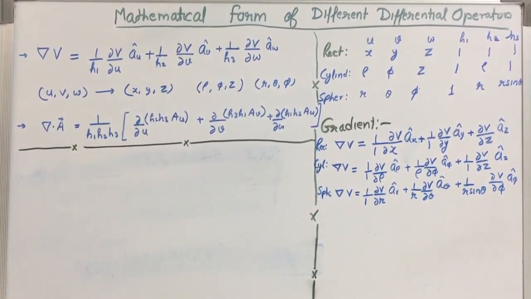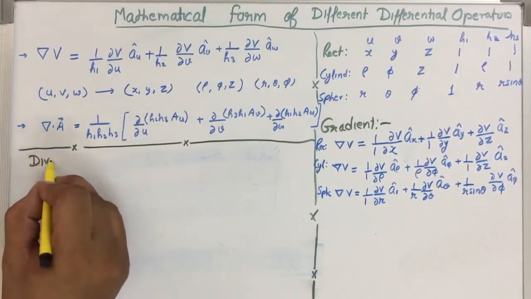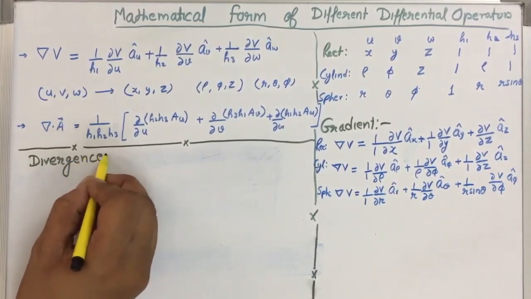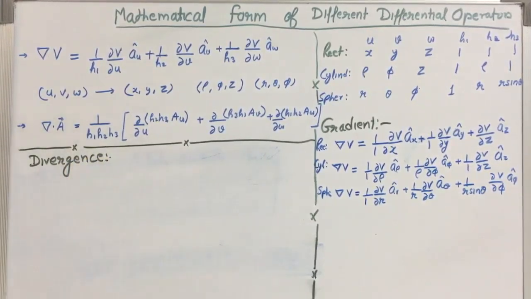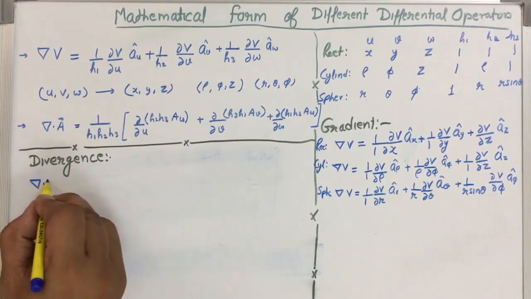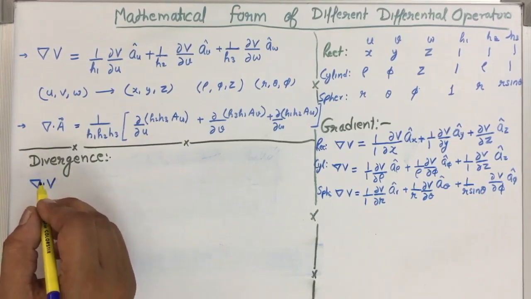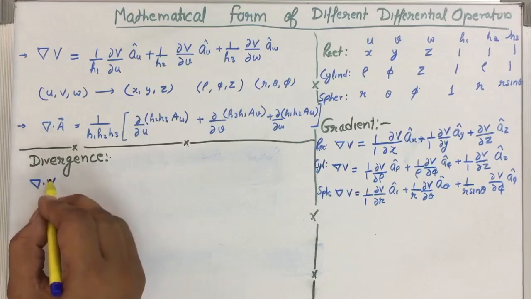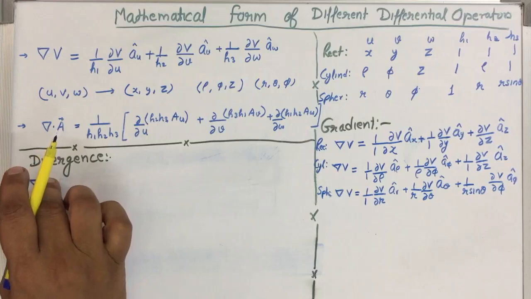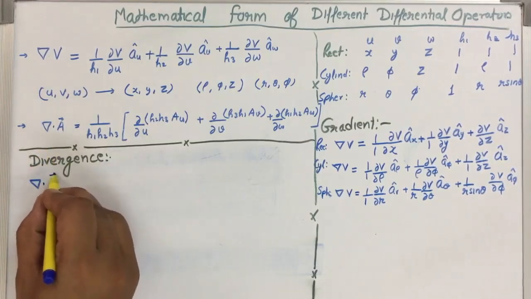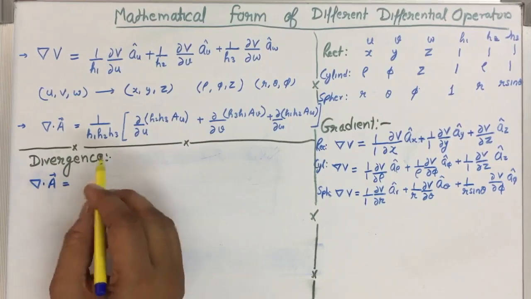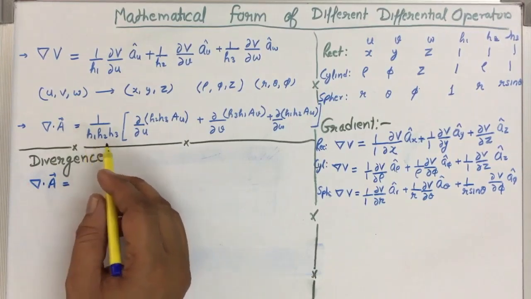Now let us try to find the divergence from this generalized form for rectangular, cylindrical and spherical coordinate systems. So the divergence of a vector field, let us write A for simplicity, is equal to 1 by h1, h2 and h3.